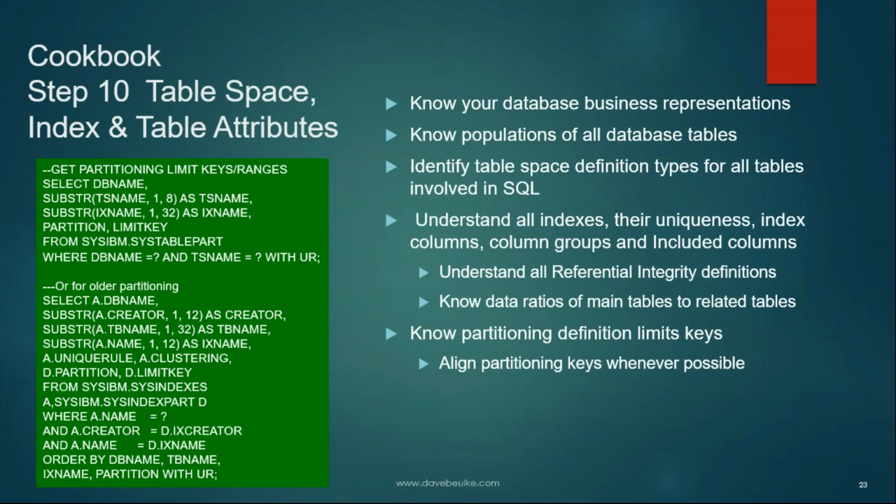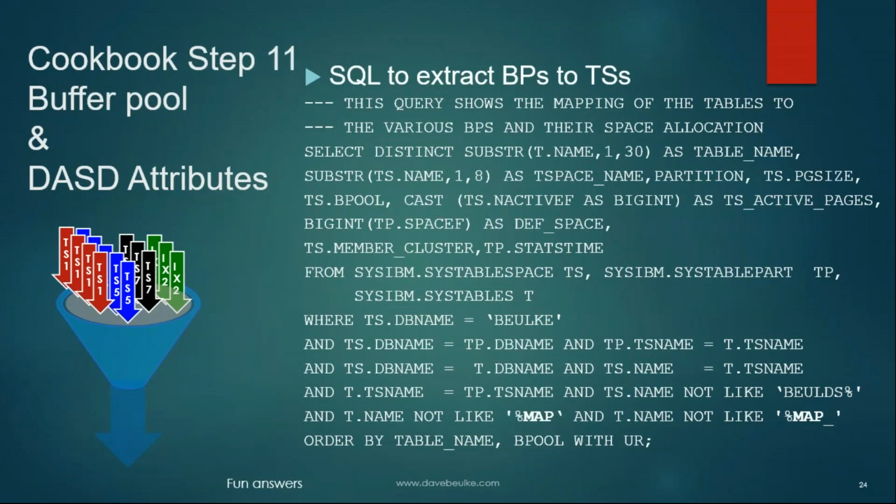We're going to need that so that we can know the partitioning limit keys and align the partitioning keys within our SQL. By doing that within our SQL, we can get parallelism within our DB2 SQL, both on LUW and on z/OS.